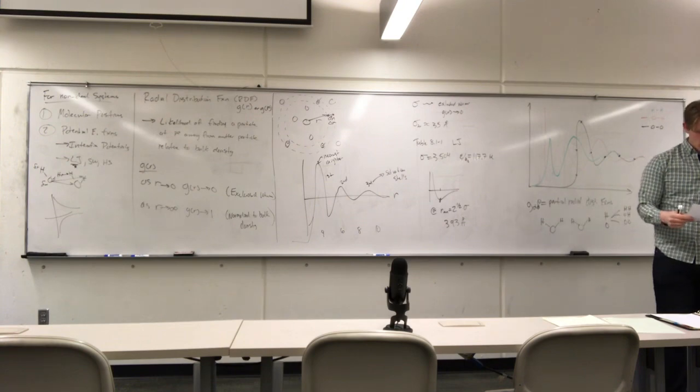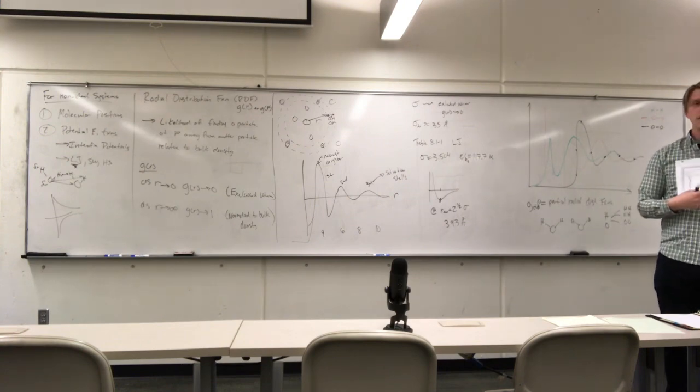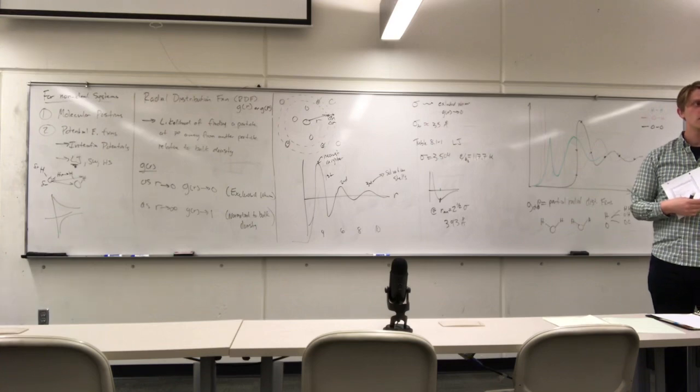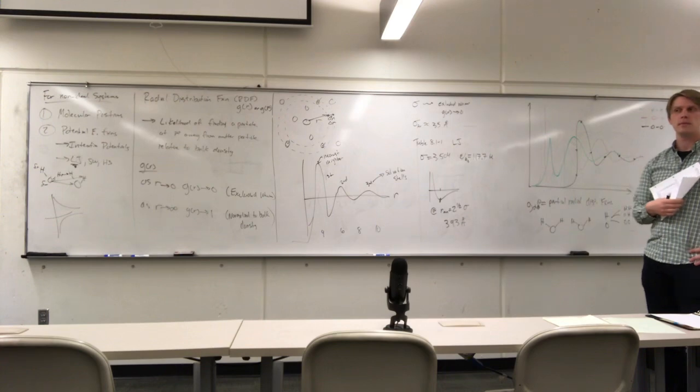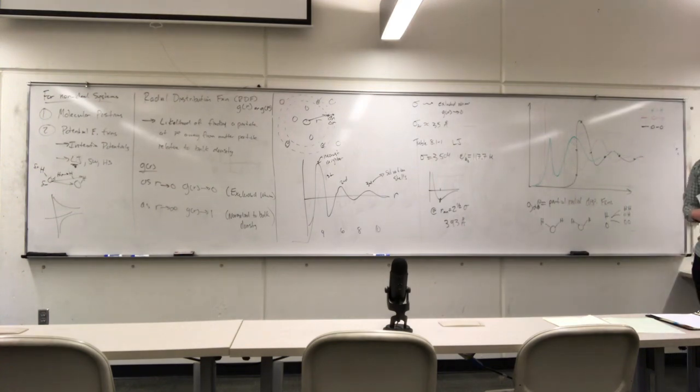Okay, next question. What is the hydrogen bond average separation distance in water? This is intermolecular. 1.5.